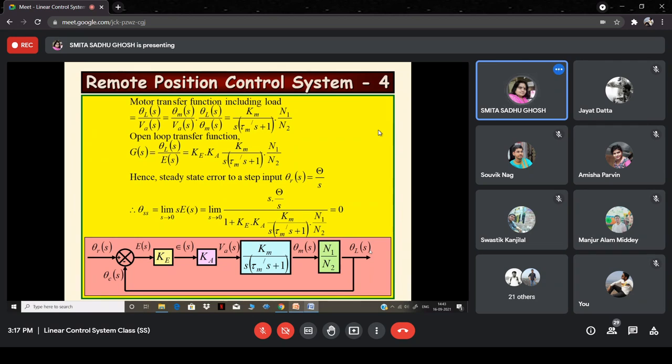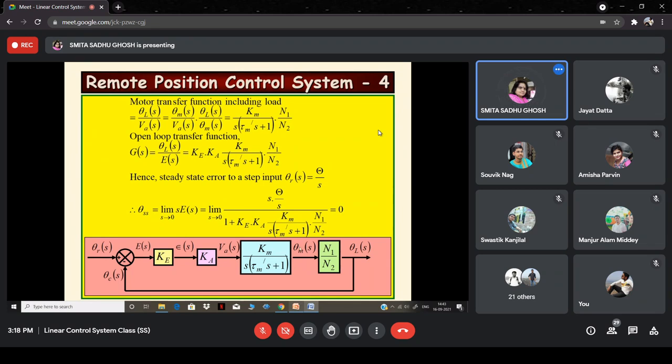This is used in remote position control systems, meaning that, as I told you earlier, a person sitting in the control room will be giving the command, and somewhere else at a remote location, the shaft of the radar, the dish of the system, would have an angular orientation which is going to closely follow the command given from a remote location.